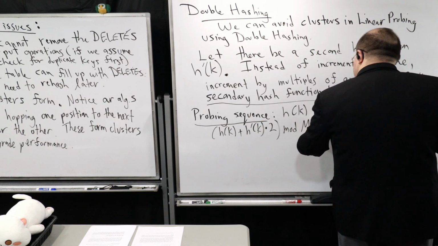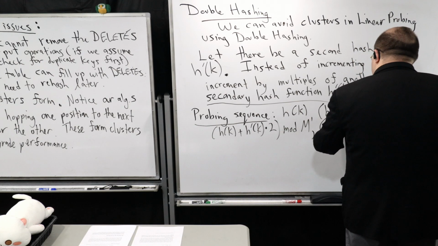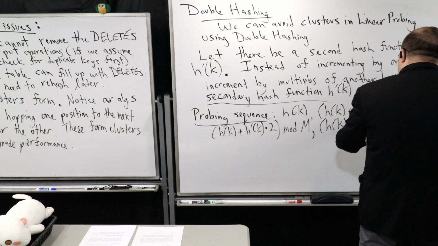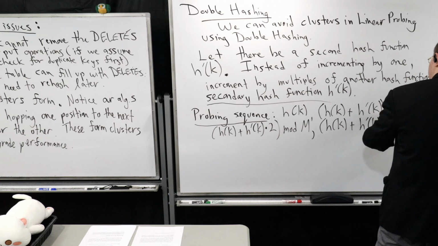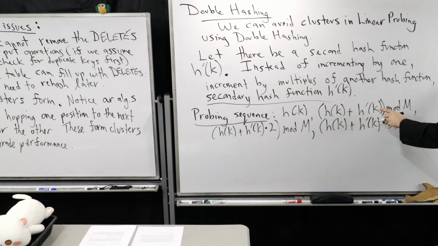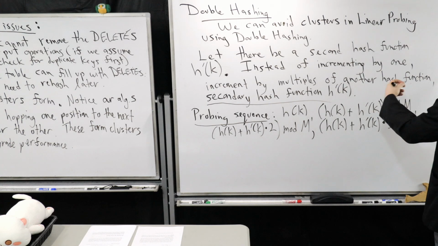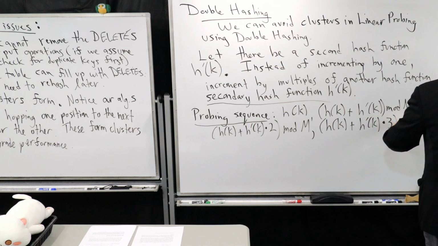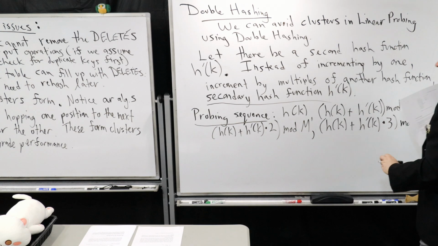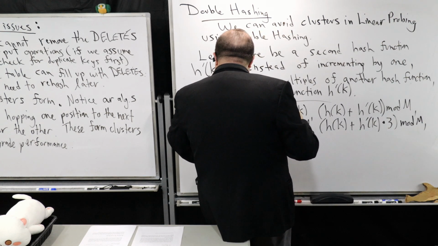And then you'd keep doing this. If that fails, h of k plus h prime of k times 3. Keep in mind, I'm adding this on each time. It's each a multiple of the other hash function, mod m, and so on. That's what the probing sequence looks like.